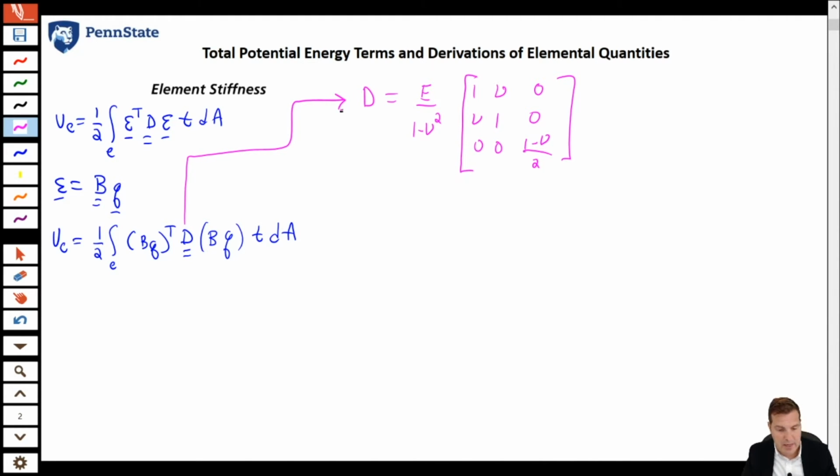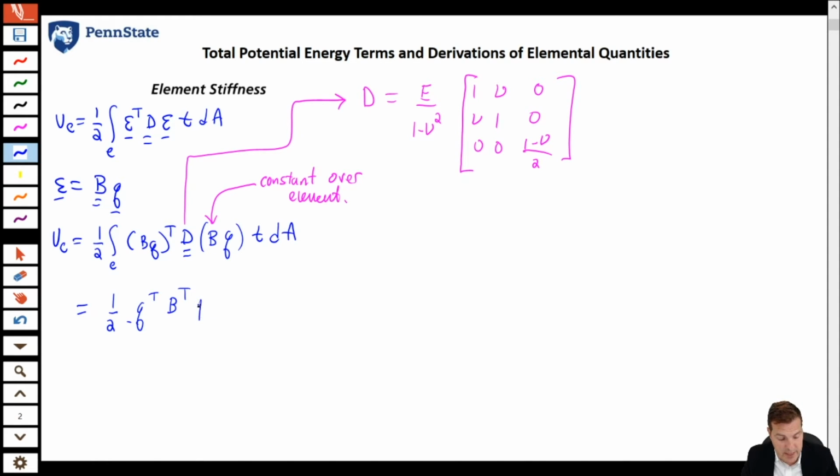B is constant over the element. We talked about that last time when we filled in the values of B. So then we can move some of this stuff outside the integral. As a result, we're going to have 1/2 q transpose B transpose. Notice I'm also going to distribute that transpose and flip them, that's why I have the B transpose in front.